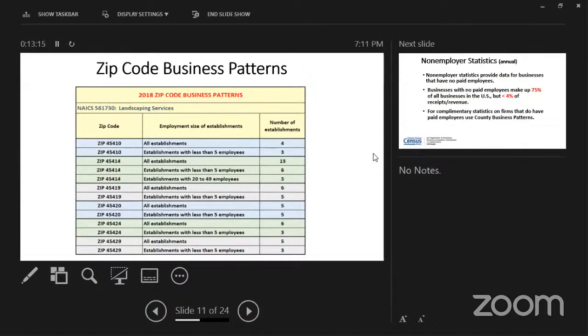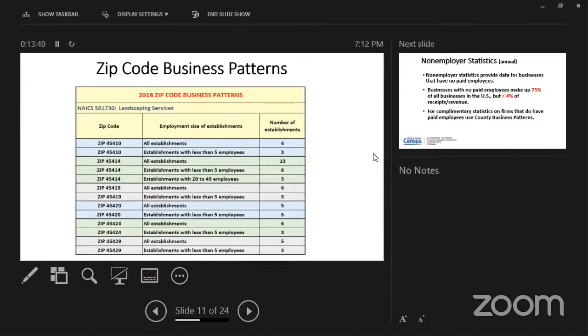Here, I chose some zip codes, and you can see the employment size per zip code. For instance, in 45410, there are 4 landscaping businesses. 3 have less than 5 employees, so they're relatively small in that zip code.